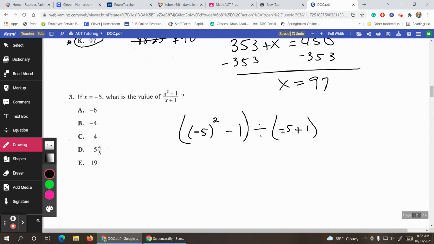Close your parentheses, hit enter, and it would give you that a is -6. Because this is 25 minus 1 divided by -5 plus 1, so this is 24 divided by -4, which is -6.